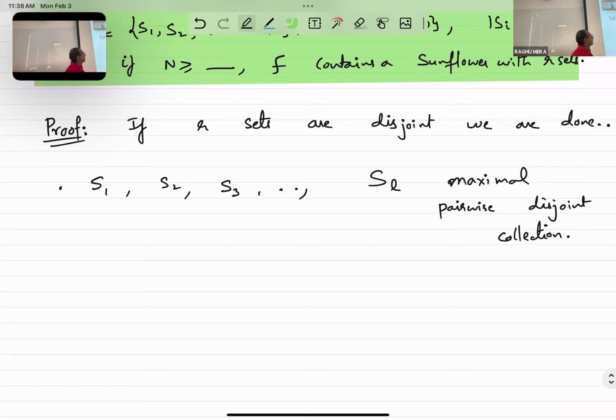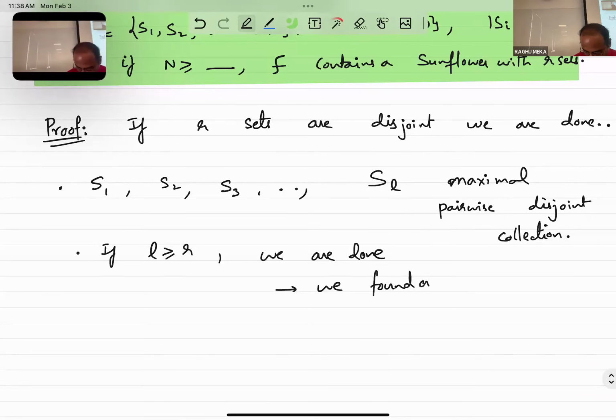Say there are L sets. If L is greater than or equal to R, we are done. We found a sunflower with R sets.